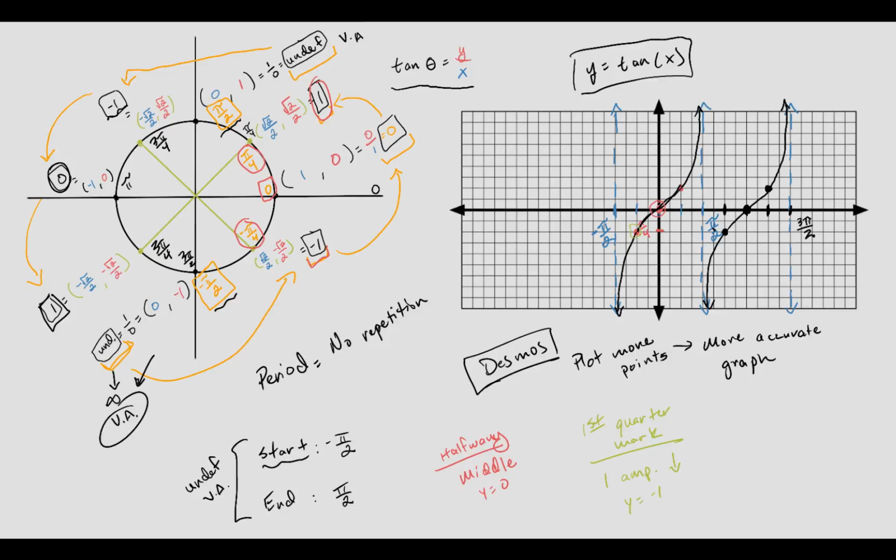And then lastly, at our third quarter mark, we are one amplitude above, or at y equals 1, and we saw that right here. And that's it. From there, we can use all of the transformational tools that we have from working with functions in general and transform the graphs as needed.